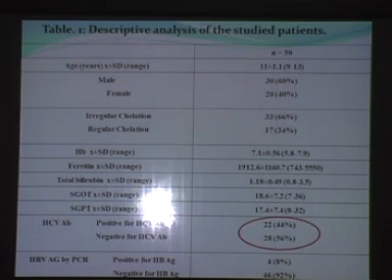Hepatitis C virus infection was found in 44% of our patients, and 56% were negative for hepatitis C antibodies. Positive PCR for hepatitis B antigen was found in only 4 patients, about 8%.